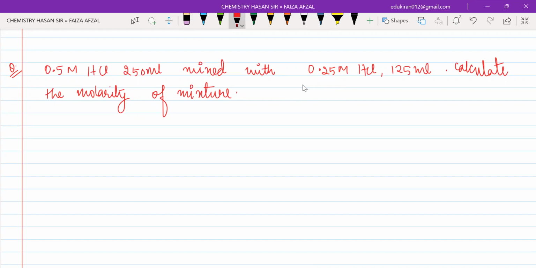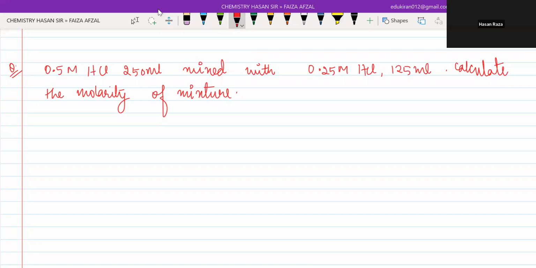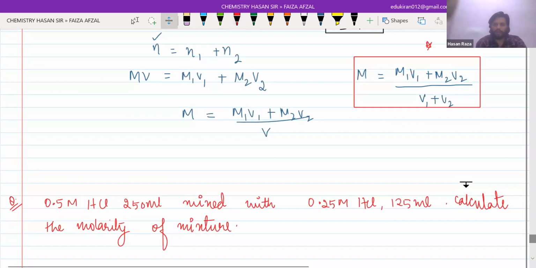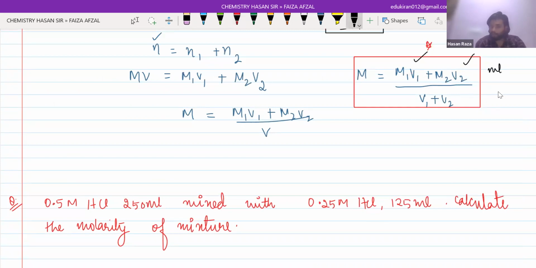Sir, the total volume should be in liters, right? Or ml only? Total volume should be in milliliters or liters? It will not affect us actually. If you look at the formula, there is a volume term either in ml, in numerator as well as in denominator, so they cancel each other basically.